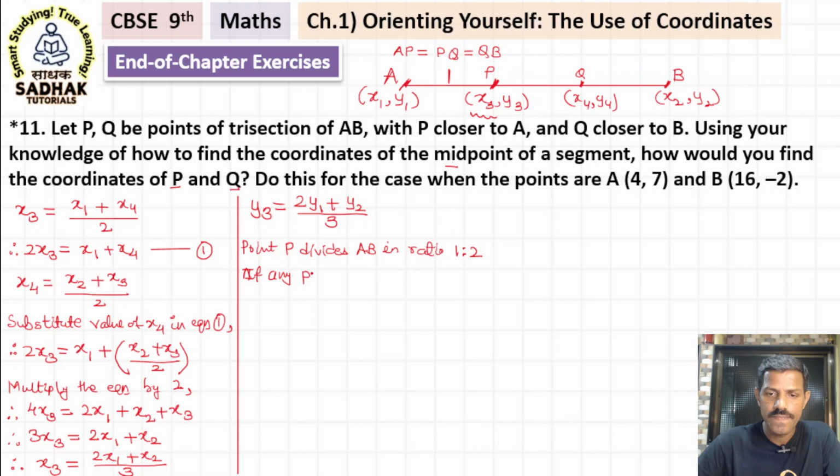Fine. So if we want to generalize this, let's say any point divides segment AB in ratio m is to n.